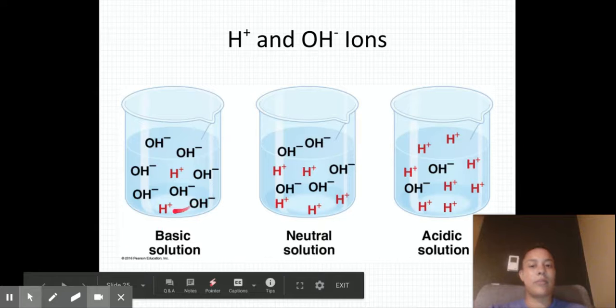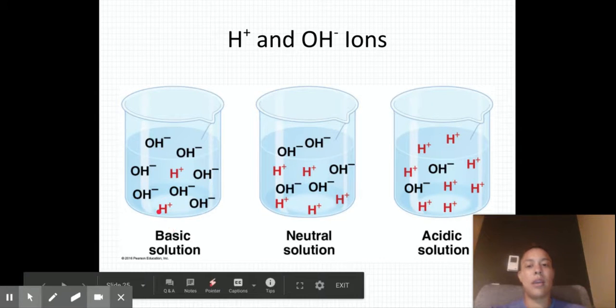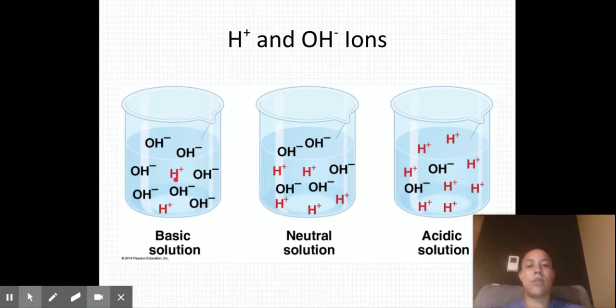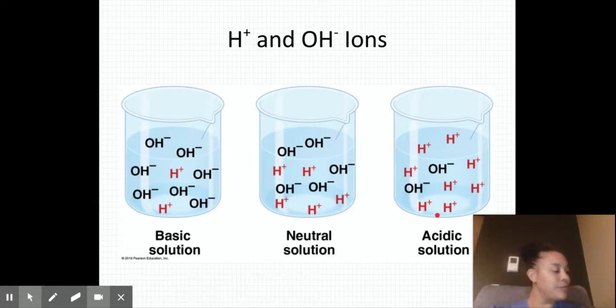But anyway, it could be any negatively charged solution that is added in there. It's not necessarily hydroxide. That could lead to a basic solution causing less hydrogen ions in there. So you really should just focus on the hydrogen piece. And then we can see over here with our acids that there is a greater concentration of hydrogen.